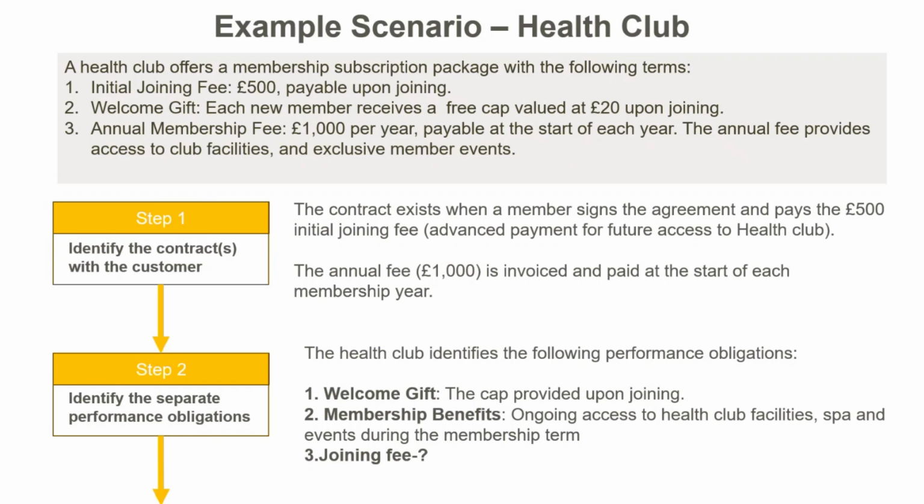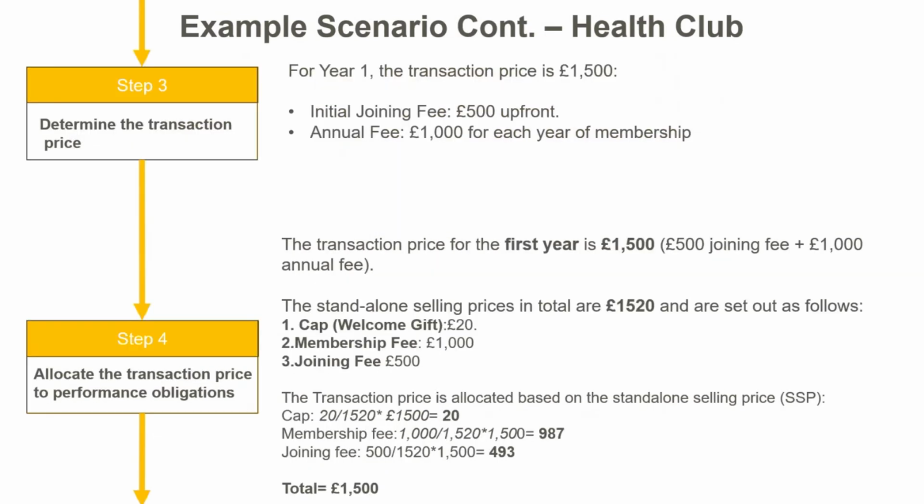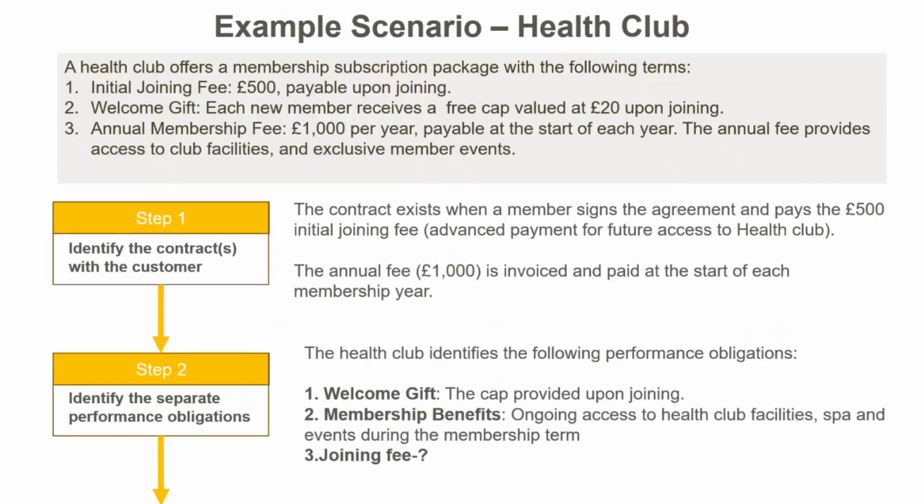And so they are spreading the join-in fee over the expected life of an ICAW member. So if the ICAW have said that that join-in fee is a separate performance obligation, I would be inclined to also state that this is a separate performance obligation in this scenario. And then the final thing was you have the membership benefits. So you effectively would have 3 performance obligations in this scenario.